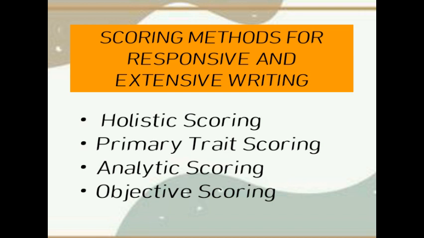On the other hand, extensive writing implies successful management of all the processes and strategies of writing for all purposes, up to the length of an essay, a term paper, a major research project report, or even a thesis. So, in order to assess this writing genre, scoring methods for responsive and extensive writing may apply. It includes holistic scoring, primary trait scoring, analytic scoring, and objective scoring.